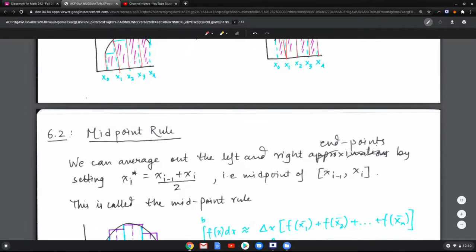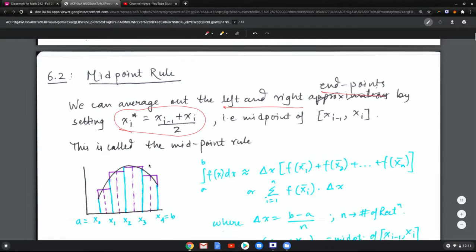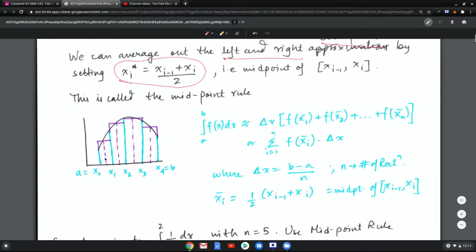The first method is called the midpoint rule. It's pretty clear from the name that you average the left and the right endpoints by setting xi star equal to (x(i-1) plus xi) over 2. Remember, if you take x(i-1), that's your left approximation, and if you take xi, it's your right approximation. So you're taking the midpoint of them. This is what the figure would look like.